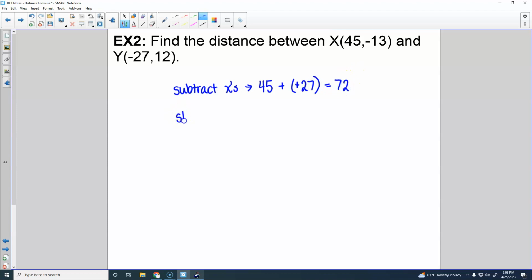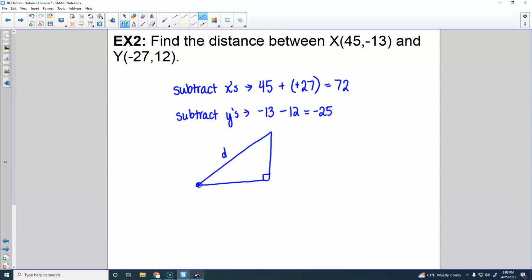And then we are going to subtract our y's. And we'll get negative 13 minus 12 will give us negative 25. So if we're thinking about our 2 points here, and this is our distance, I'm just drawing a general triangle here.